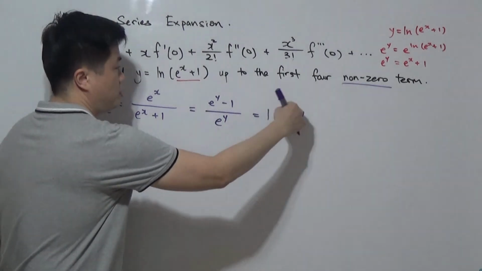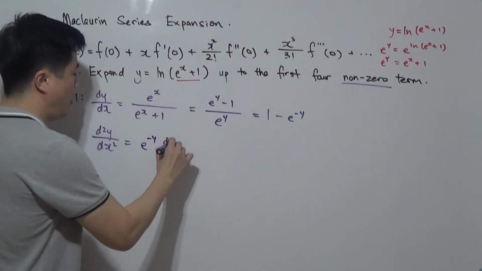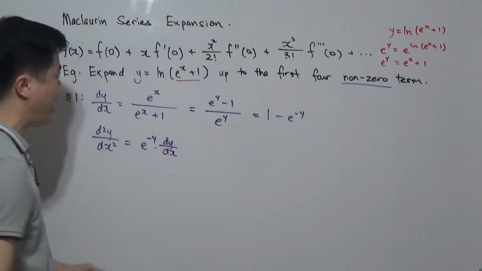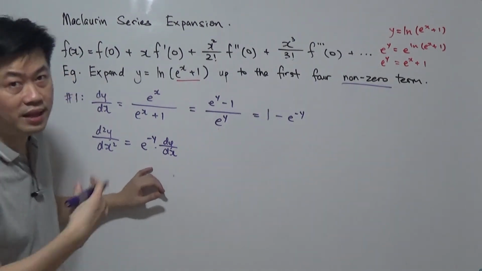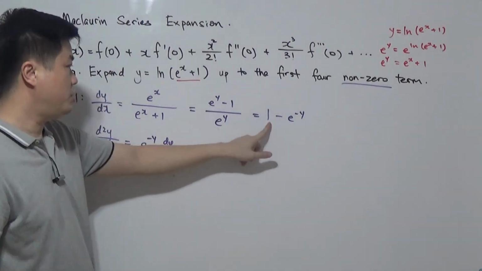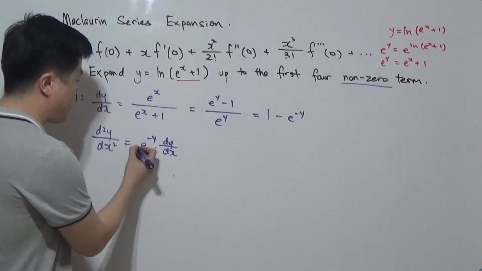So if I were to differentiate this, I'm going to get e minus y dy dx. This is when we are differentiating with respect to x, so you must learn implicit differentiation in order to understand this. We're going to differentiate this guy. So 1 is gone, then the minus, we keep the minus actually.